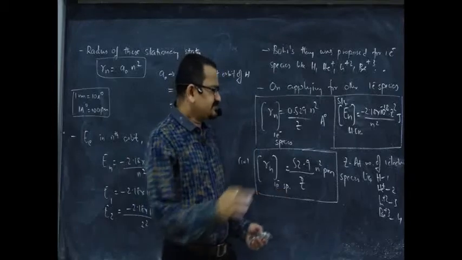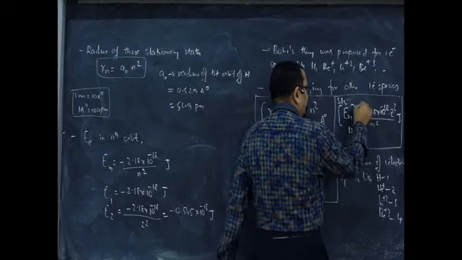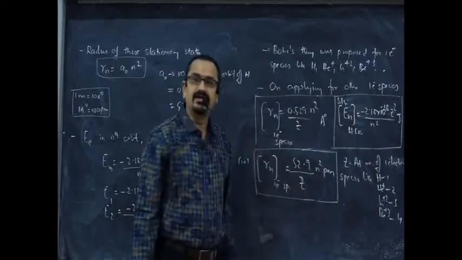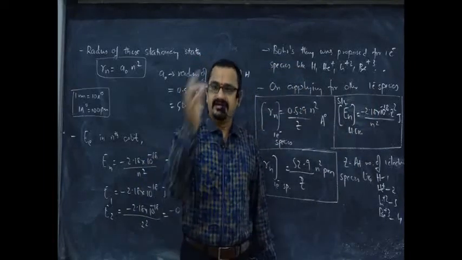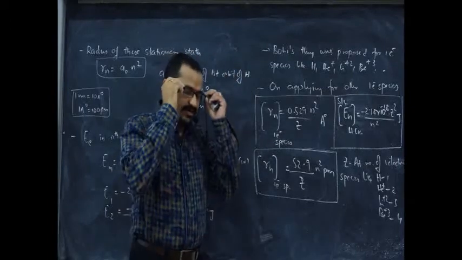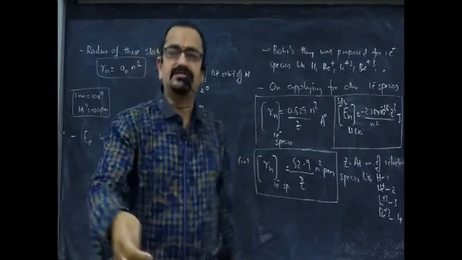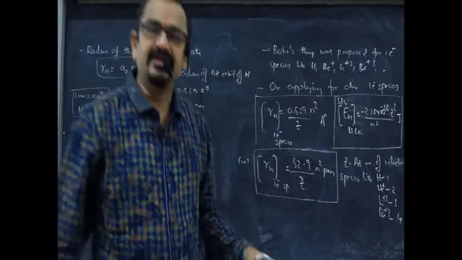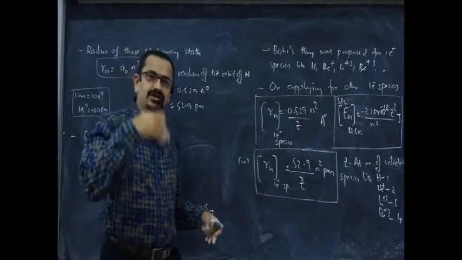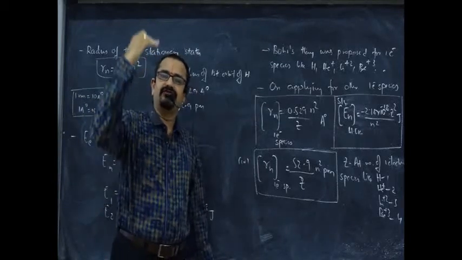Now, you may get a doubt: why is there a negative sign before this expression? Why is the energy of an electron in a stationary orbit given with a negative sign? When the electron is moving around the nucleus in certain closed circular paths, the n value ranges from 1, 2, 3, 4 and so on.